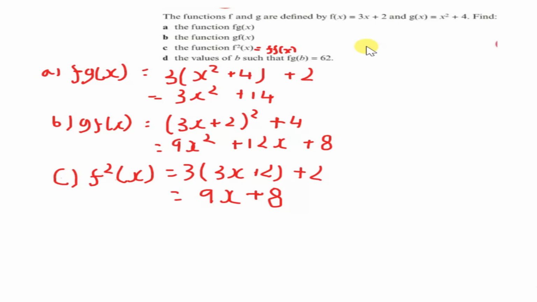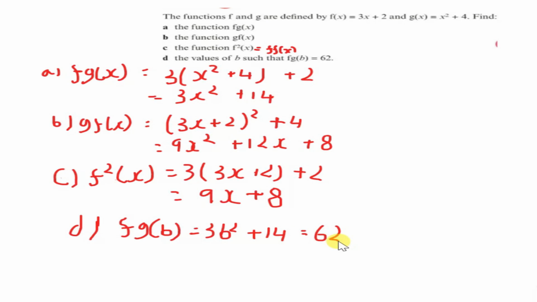So part D, we say fg of b is our function we wrote in part A, just replacing the x with b, so 3b squared, add 14, and in this question we're being told that equals 62, so we just say equals 62.